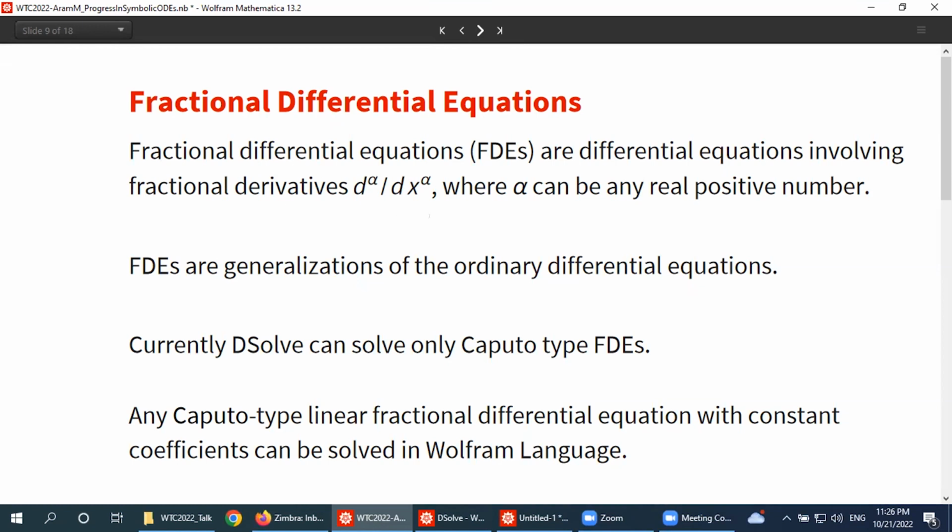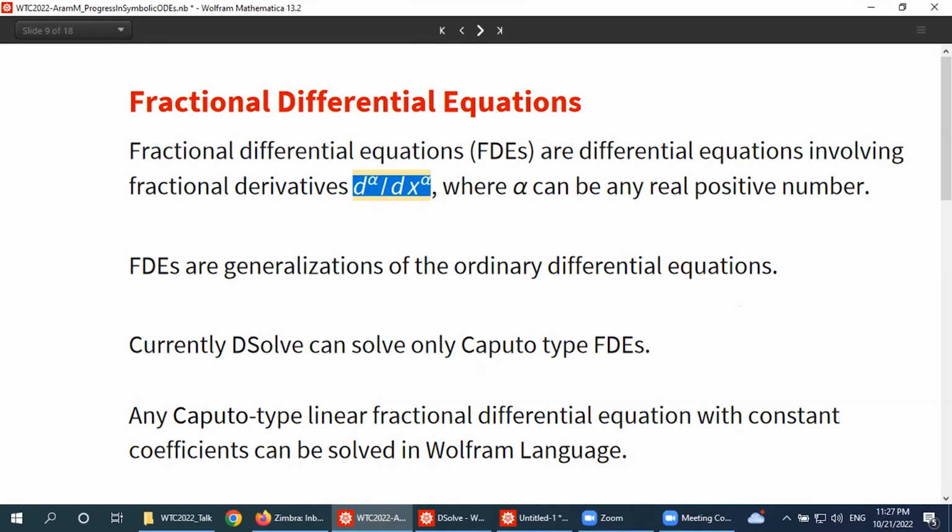Fractional differential equations are differential equations which contain at least one fractional order derivative of the form d^alpha/dx^alpha, where alpha can be any real positive number, not necessarily an integer. So we can say that fractional differential equations are generalizations of the ordinary differential equations.